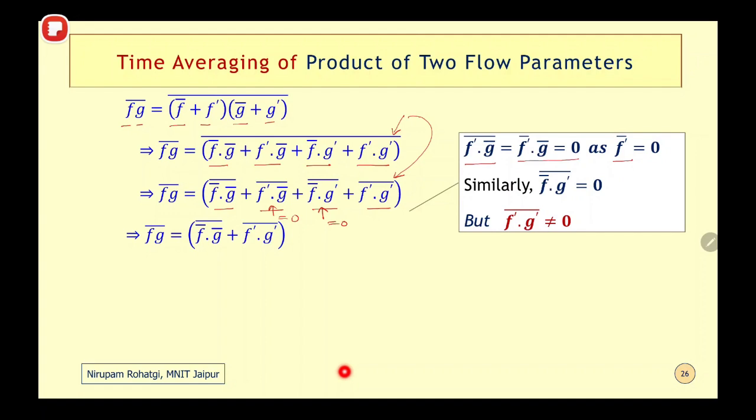So these two terms go away, the other term is similar, in which one term is prime and the other is average. But when you multiply f prime with g prime, their product and their average may not be 0. A simple example: if you multiply u prime with u prime and find the average, this is not equal to 0.